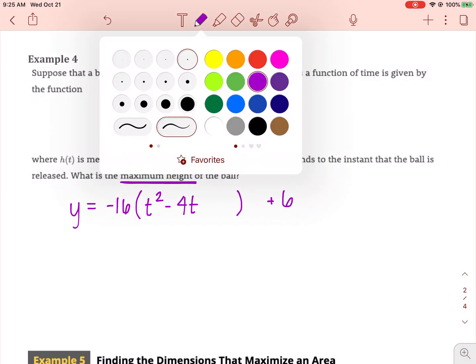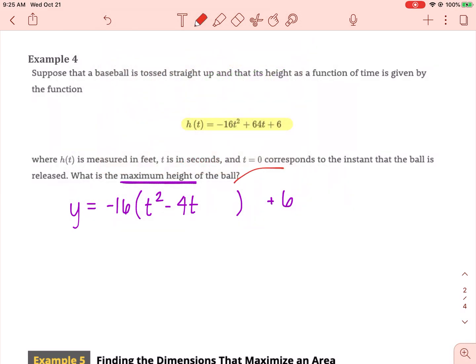I'm going to do my complete the square now, which means in here I do b divided by 2 squared. So negative 4 divided by 2 is negative 2 squared is 4. So I add 4 here.